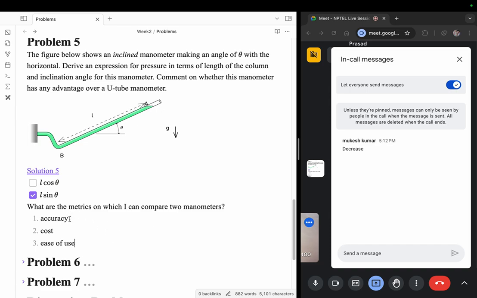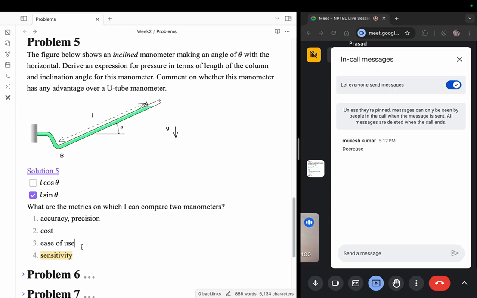I'll just put accuracy, precision, all these things in one bracket. So let's say sensitivity. I don't know if you have come across this. Do you know what the sensitivity of an instrument is?